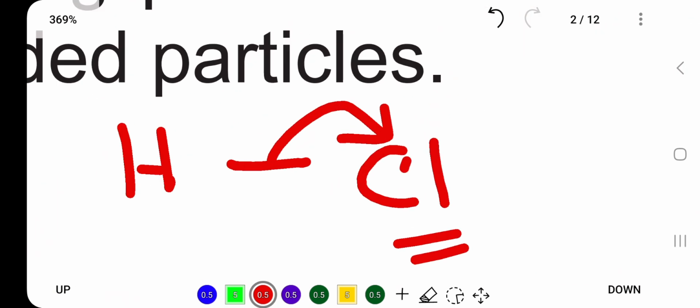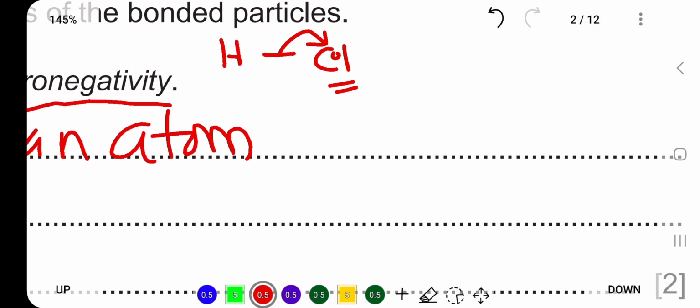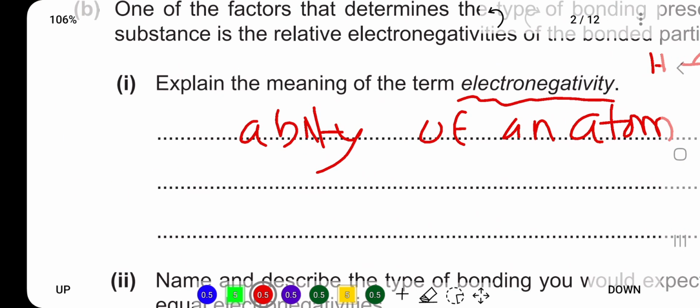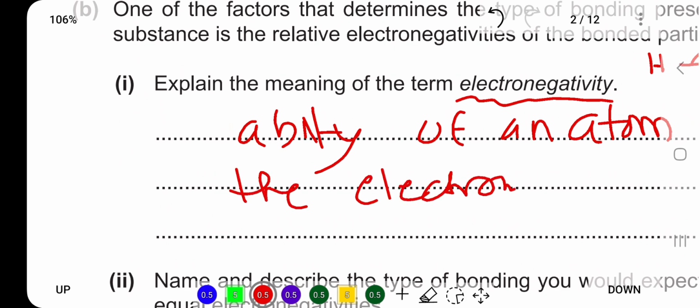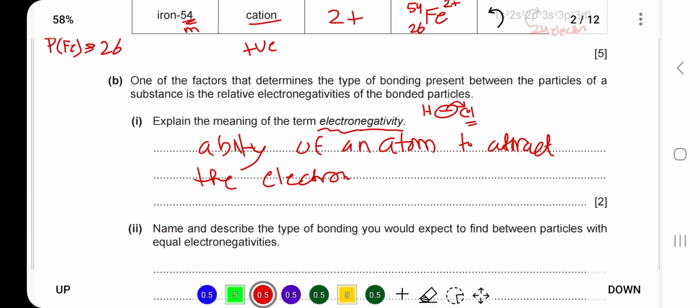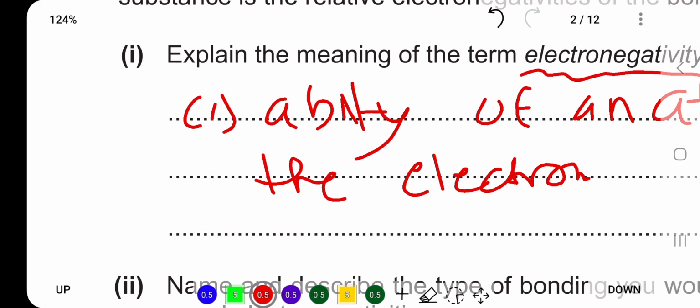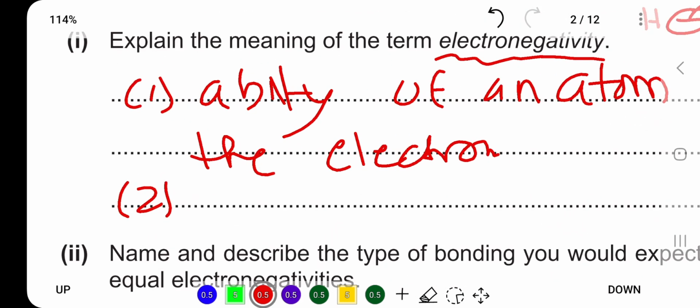As you know, it's a nucleus of the chlorine that actually attracts the opposite charged electron, but you can say either atom if you want, or nucleus, to attract the electrons. Alright, and now that's the first mark, as there are 2 marks for this question. The other mark is it is in a covalent bond.